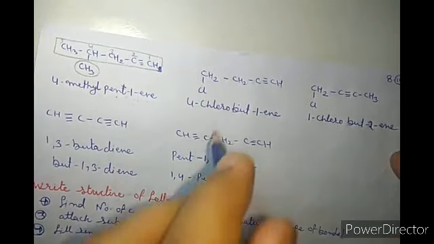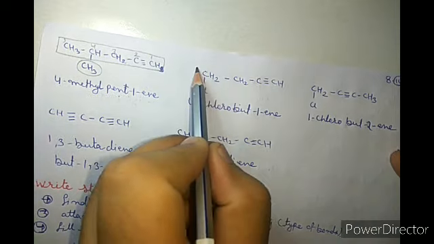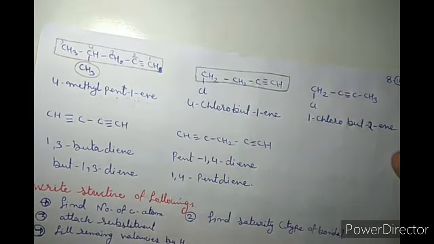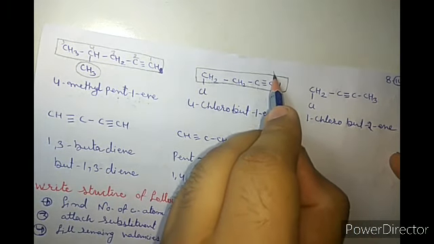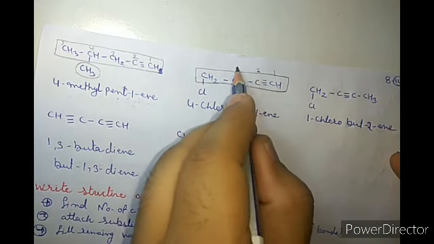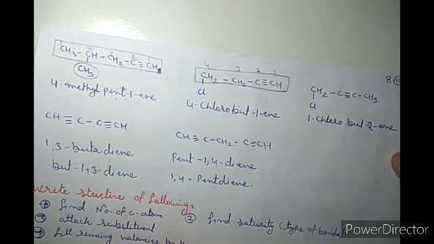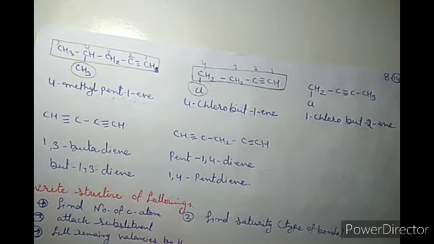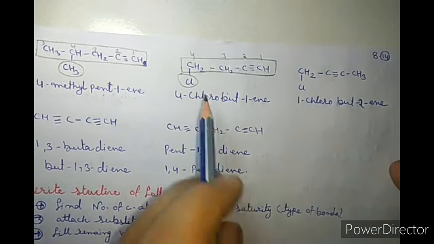Now here, selection of the main chain. This is our main chain. Give the minimum number to the triple bond: 1, 2, 3, 4. That is the substituent on which carbon? Fourth. So that is 4-chloro.